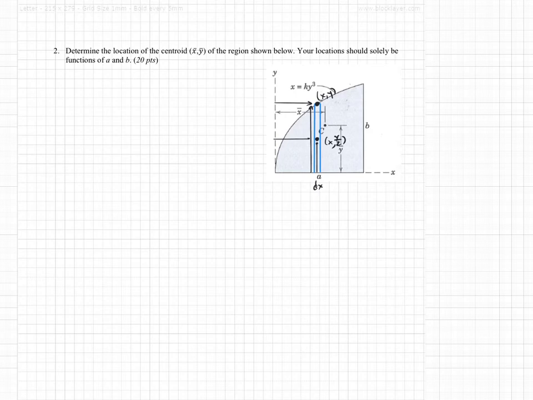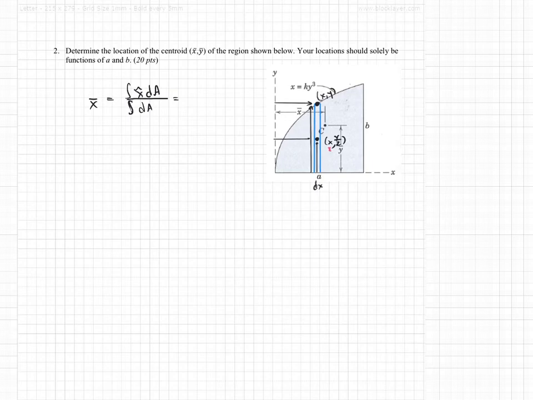So x bar, the old x bar, equals the integral. We're not going to put the limits on there just yet because it's just going to make my work sloppy. Not that we can't. So it's x tilde dA over the integral of just dA. The x tilde, in this case, if we look at our thing right here, that's just an x.